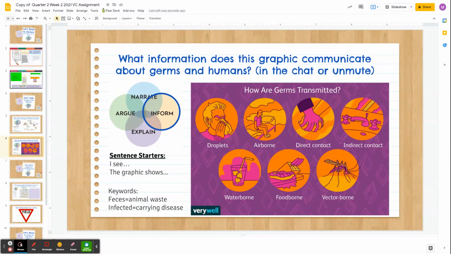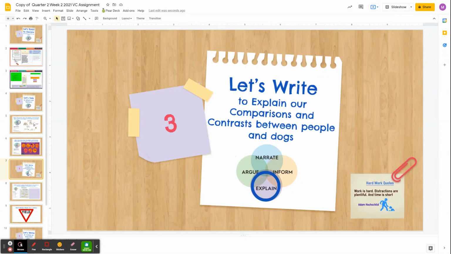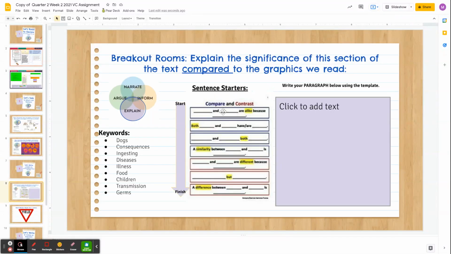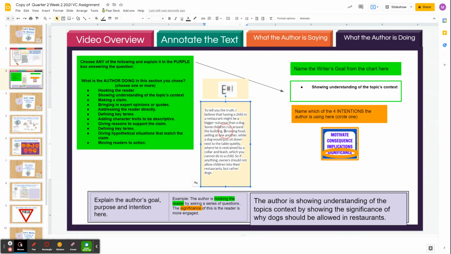From the observation of those two graphics, we were able to come to a resolution that helped us explain the significance of that section of text compared to the graphics that we read. So when we look back, the significance of the text is this chunk of text that you've already been continuing to read throughout this entire assignment.